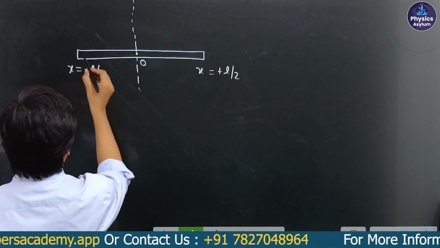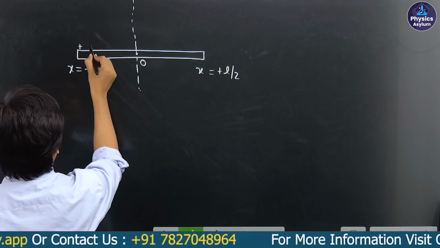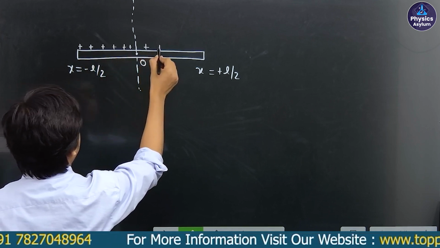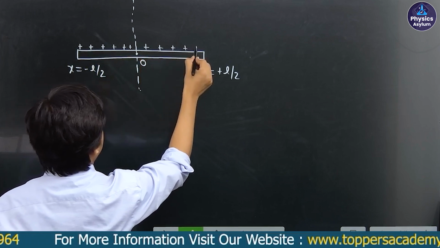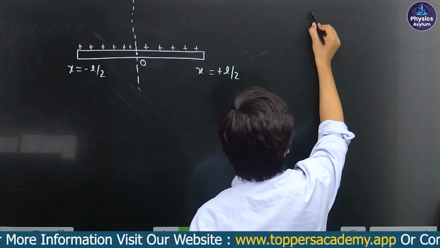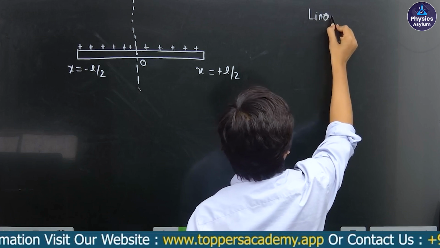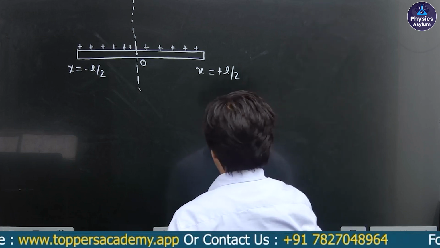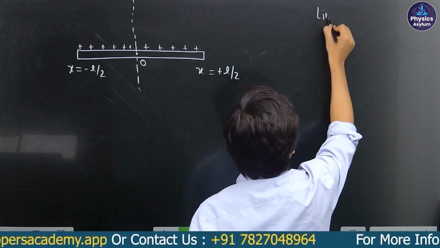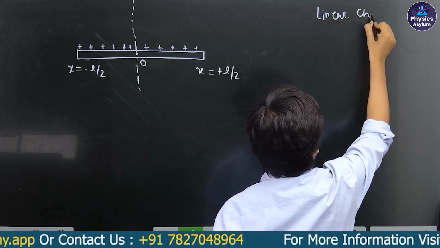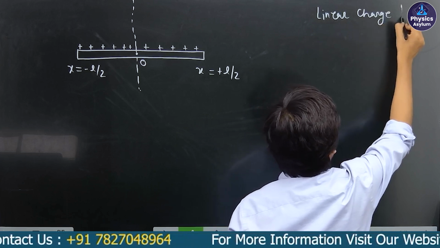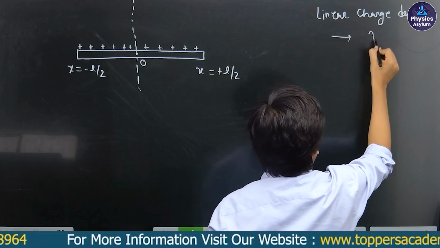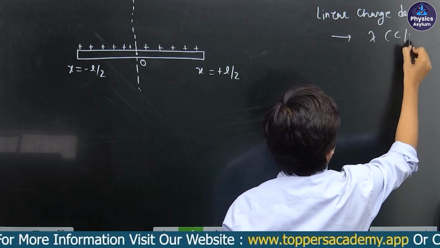There is a positive charge spread on it, and the linear charge density is lambda coulomb per meter.